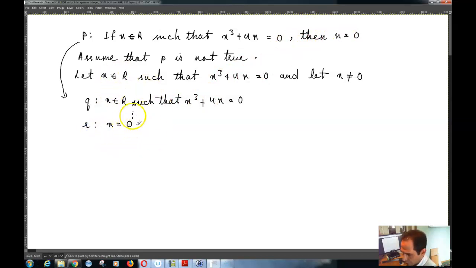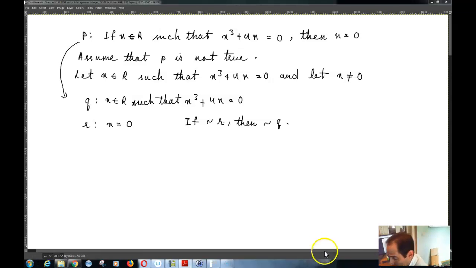Now, in the method of contradiction, what we do is that we have to prove that if not R, then not Q. Basically what we said over here, let me go to the method of contradiction.